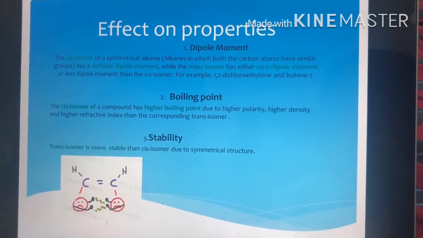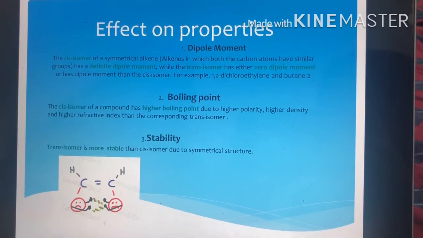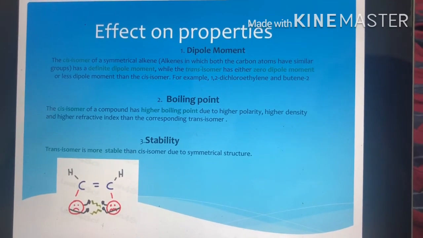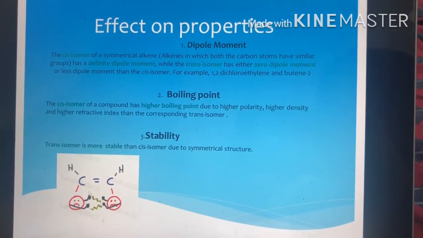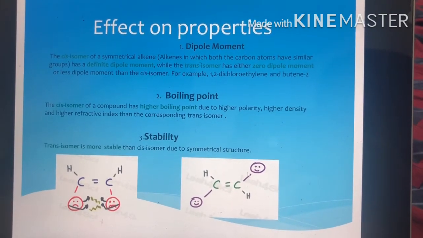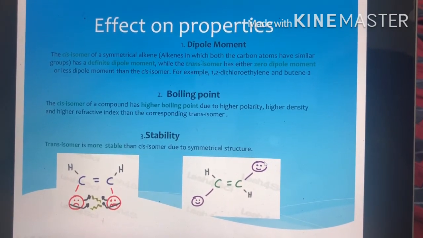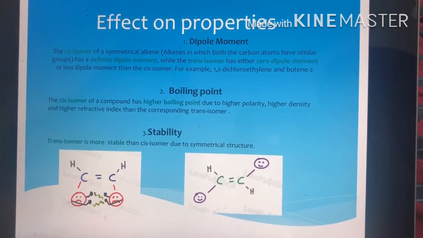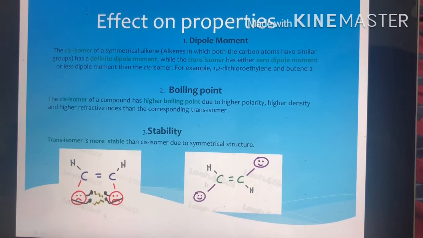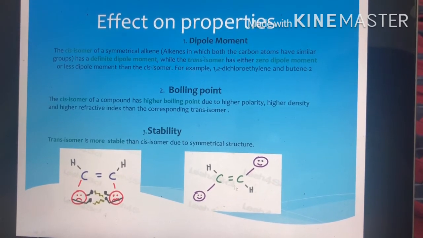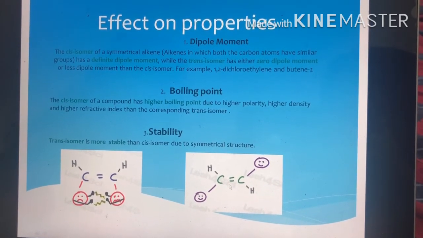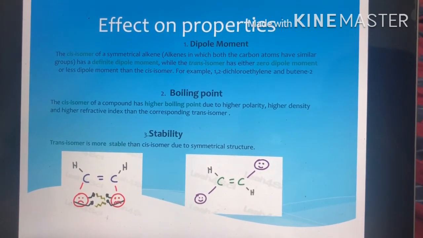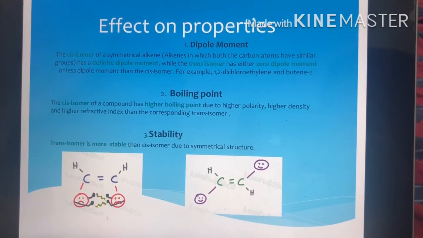Due to the crowded number of atoms on one side, there will be steric hindrance, due to which the energy will rise, which makes this compound more unstable compared to the trans isomer, where there is no steric hindrance and the two groups are easily present on opposite sides, making the compound more balanced and stable. It's more symmetrical, and more symmetrical means less energy. So therefore the trans isomer is more stable.